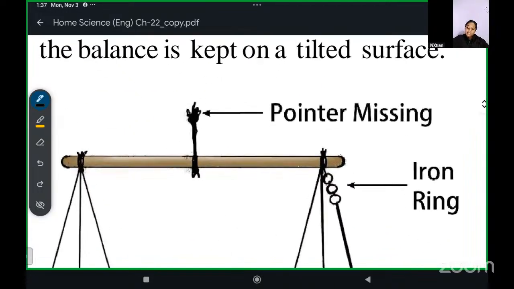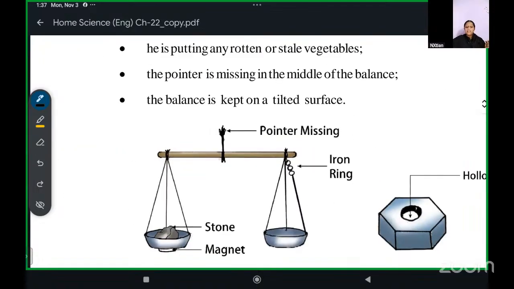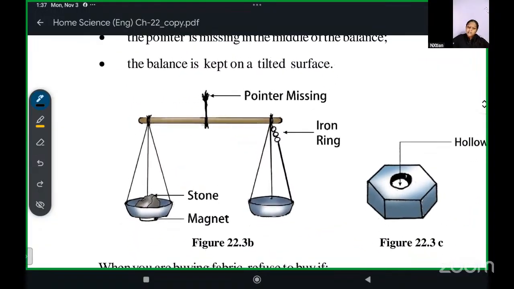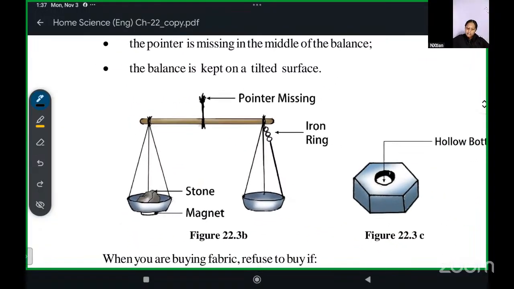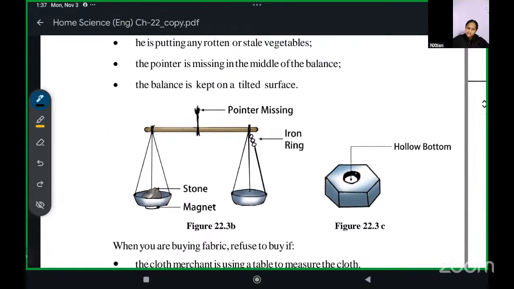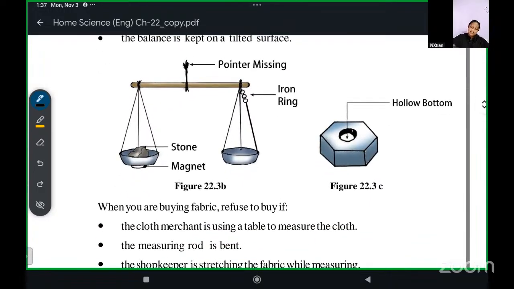Then, check if the pointer is missing in the middle of the balance. This is the pointer. With this, they hold it. It is right at the center of the stick so that both sides are equal. Then, the balance is kept on a tilted surface.